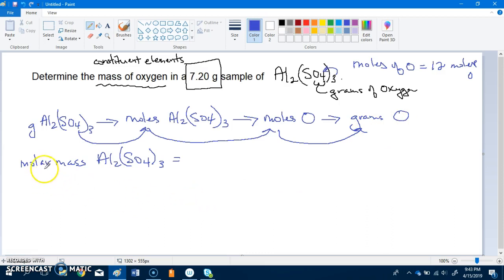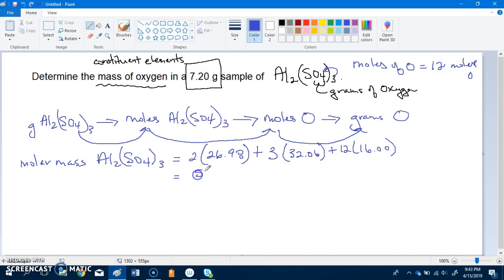So before we do that, I have to find out my molar mass, and that's going to be 2 times the mass of aluminum, which is 26.98, plus we have 3 sulfurs, so 3 times 32.06, and then 3 times 4 is 12 oxygen, so 12 times 16.00 grams of oxygen.